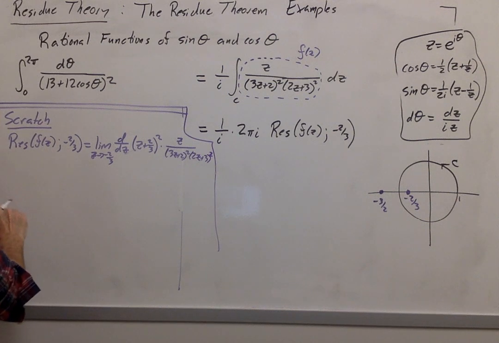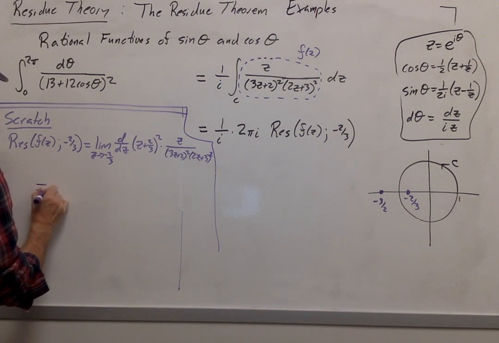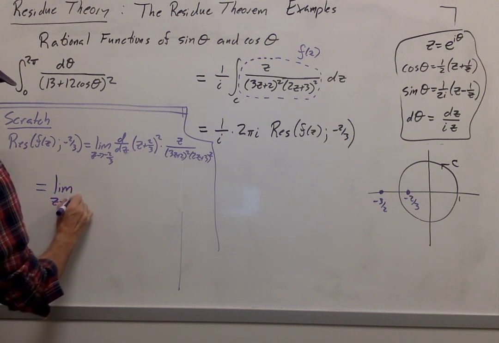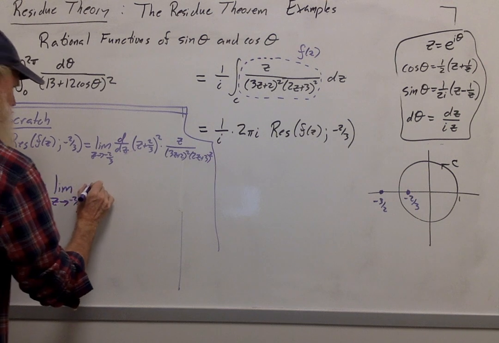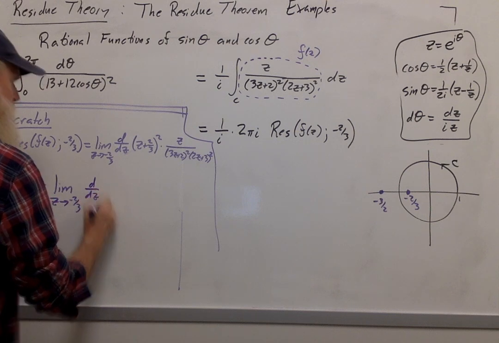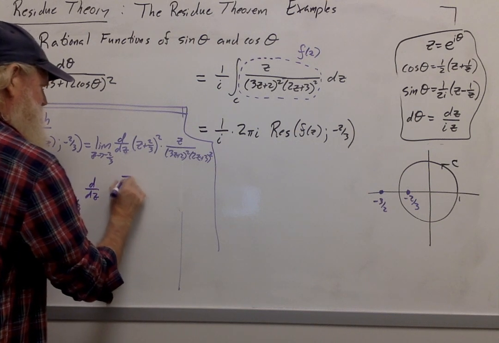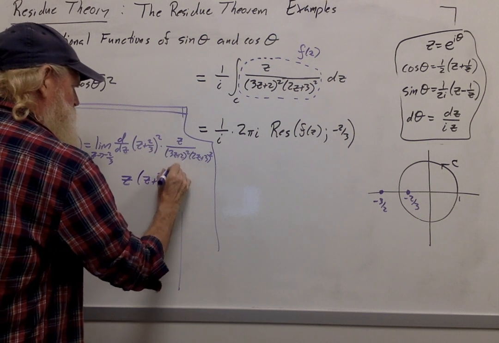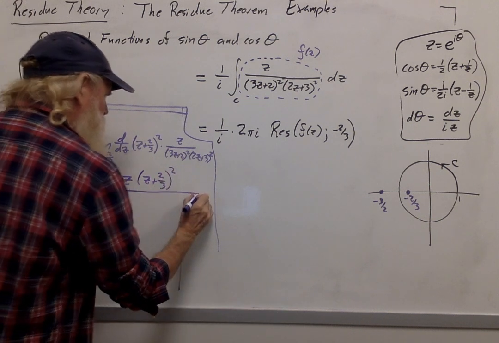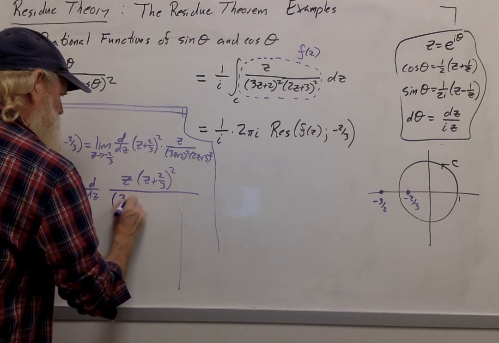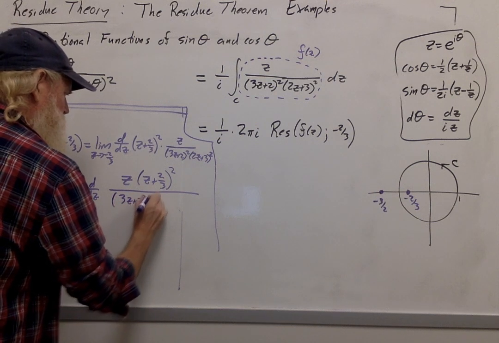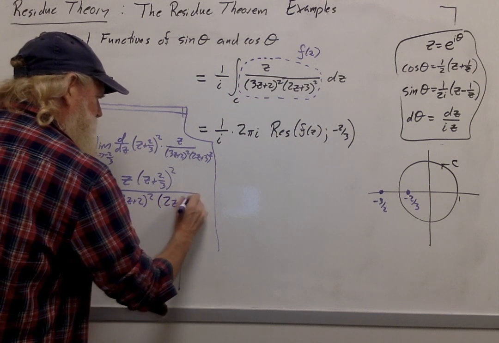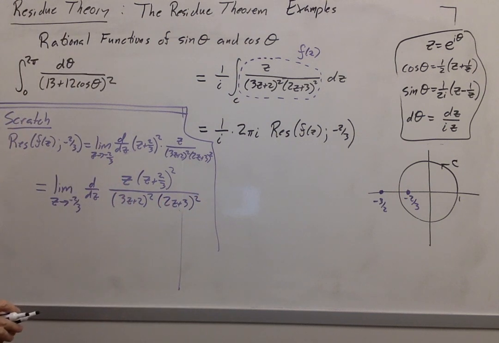Let's see if we can simplify that a little bit. This is the limit as z goes to negative 2/3 of the derivative with respect to z of z times (z + 2/3) squared over (3z + 2) squared times (2z + 3) squared.